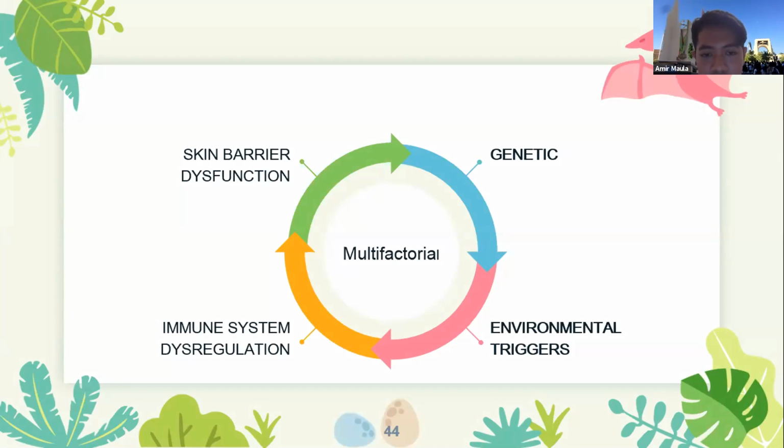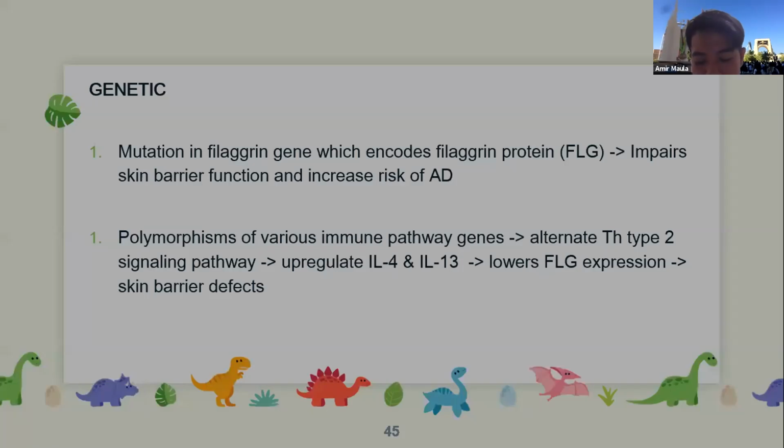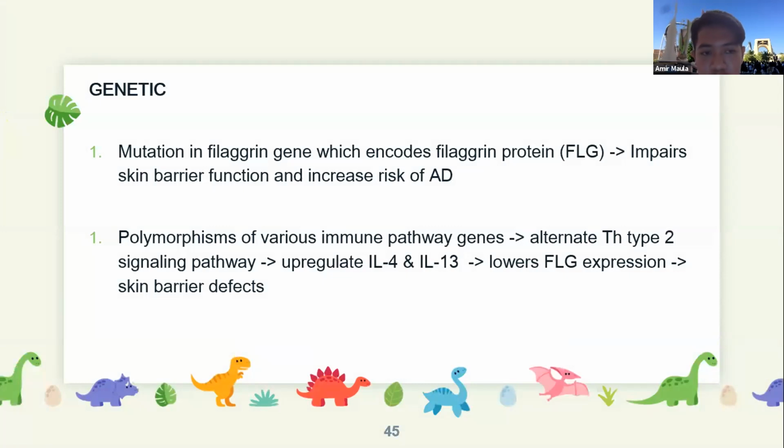The inside-out hypothesis is due to internal factors such as the immune system and genetics that lead to skin barrier dysfunction, whereas the outside-in hypothesis is due to environmental triggers causing the immune system to react and causing skin barrier dysfunction. So we look at the factors one by one.